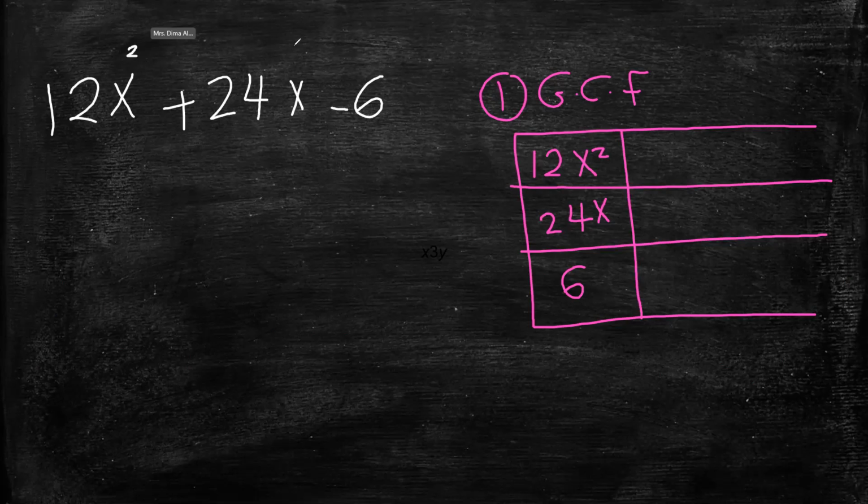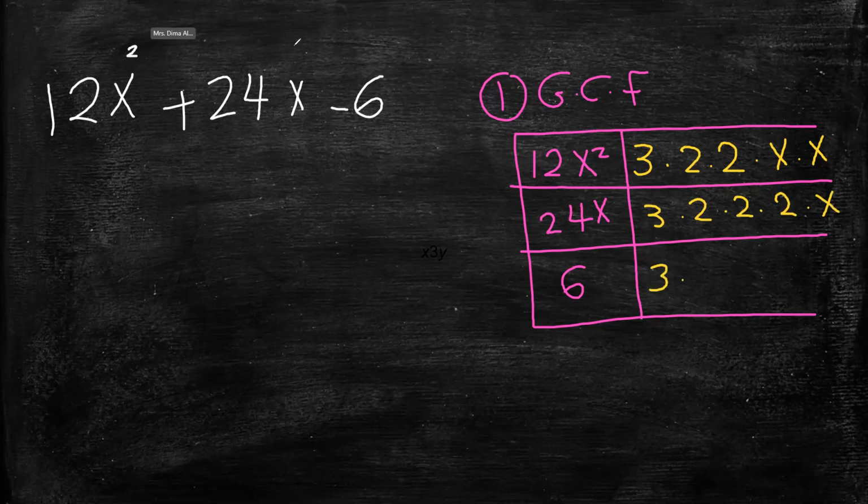It's 3 times 2 times 2, or 3 times 2 times 2 times x times x. This is for the first one. For the second one, we have 24x. 24 is 3 times 2 times 2 times 2 times x. And for the 6, it's 3 times 2.